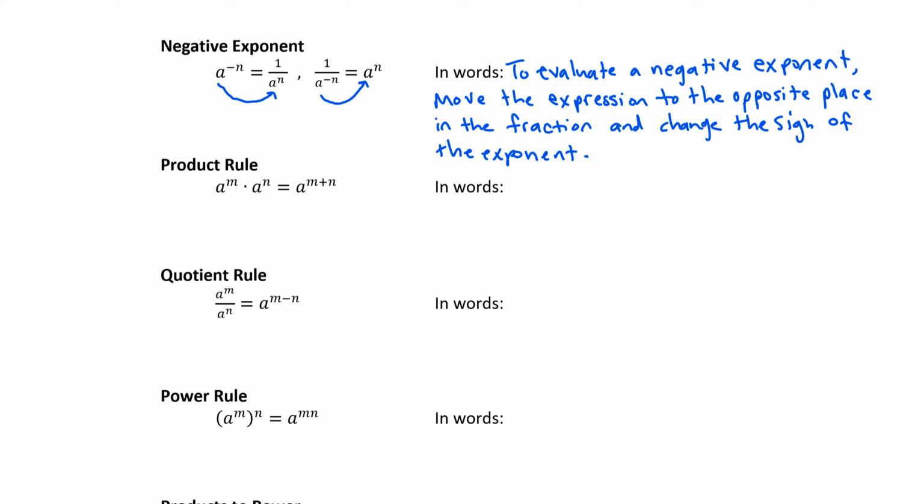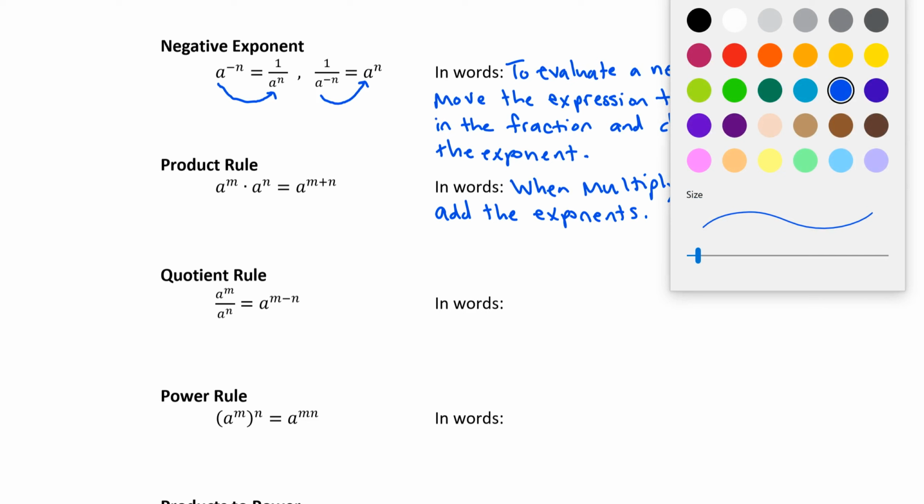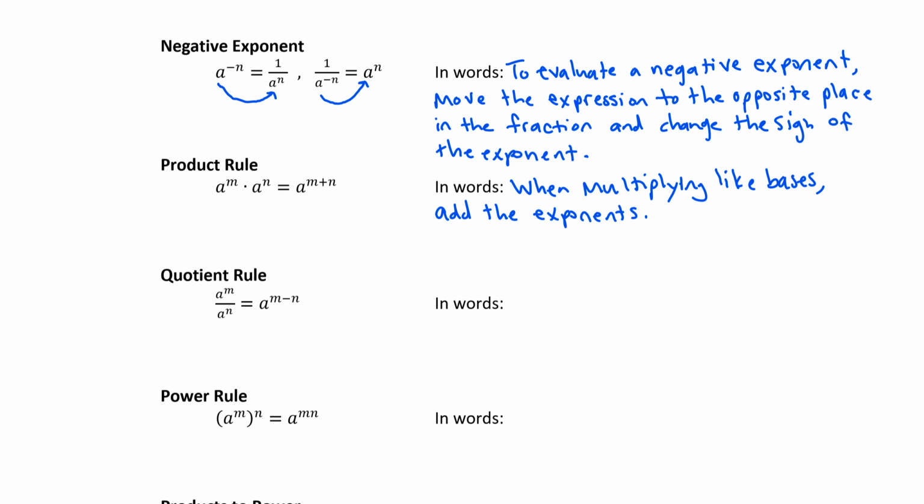For example, a to the mth power times a to the nth power is equal to a to the m plus n power. In words, we can say when multiplying like bases, add the exponents. Again, this is likely a review, but I do want you to notice one thing that will help prepare you for the way this is going to look with logarithms.